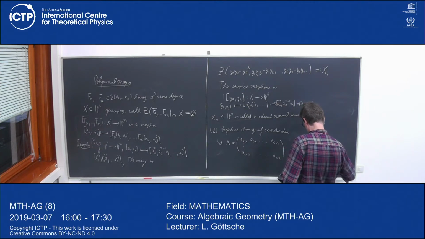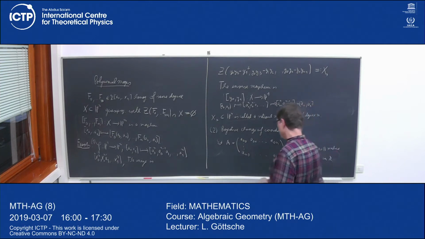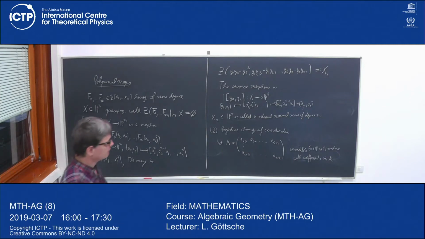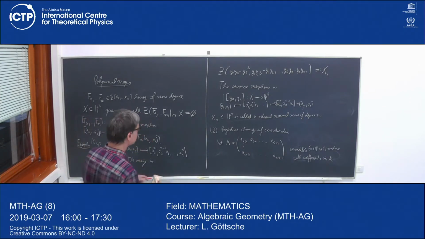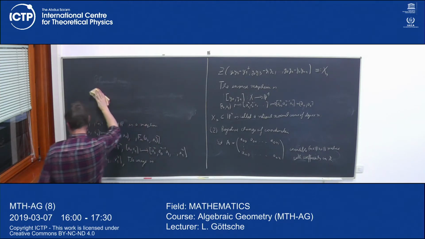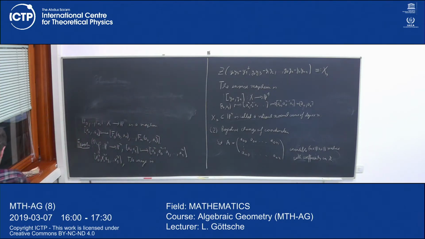And then we can use this to define an isomorphism of Pn to itself, which is also a polynomial map. So the map just works as follows.